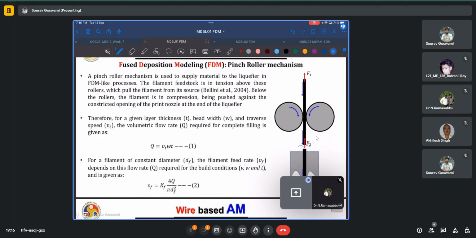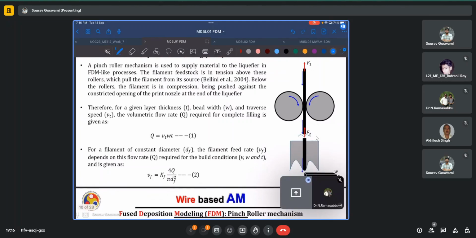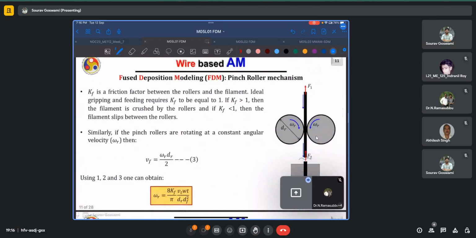Now, the slides involved several derivations which we'll not go over in much detail, but we'll definitely touch on them. For a given layer thickness, bead width and traverse speed C, we can calculate the volumetric flow rate. This flow rate can also be calculated from the amount of material that we're extruding from the rollers themselves, and equating them yields certain useful results.